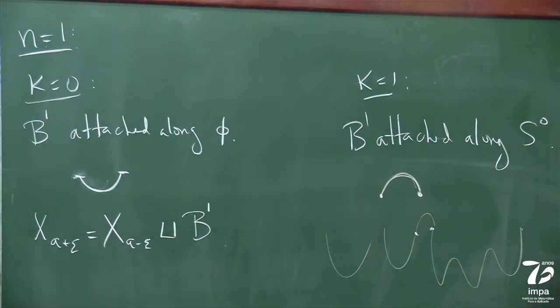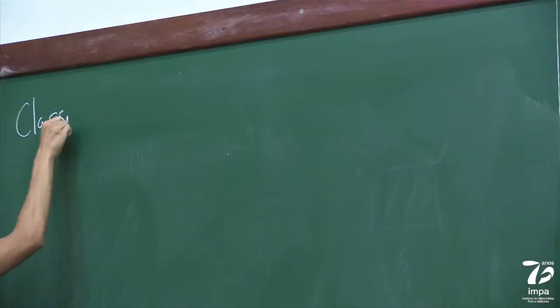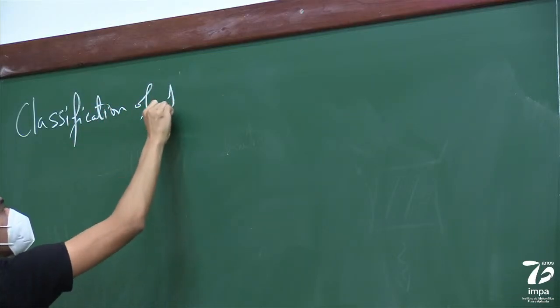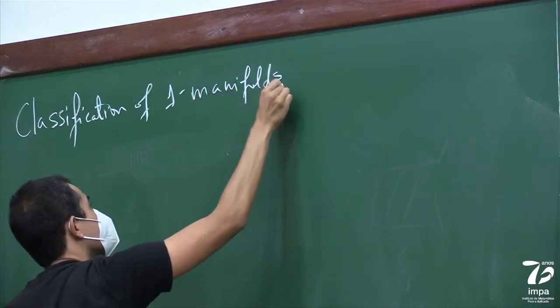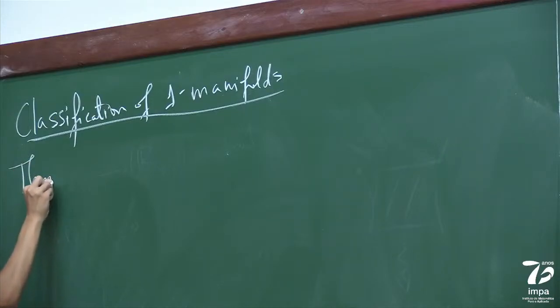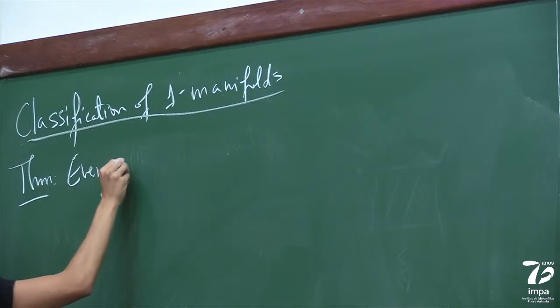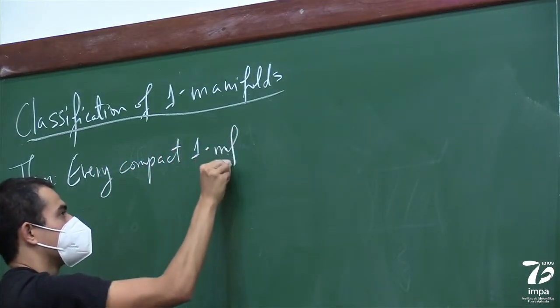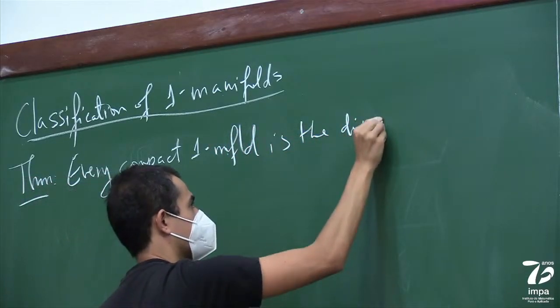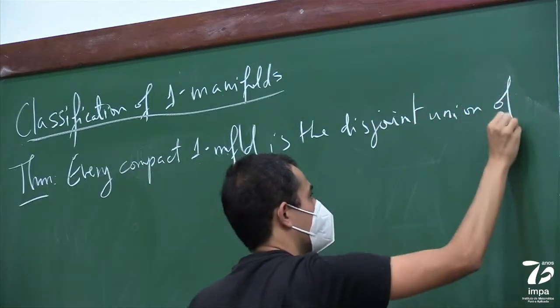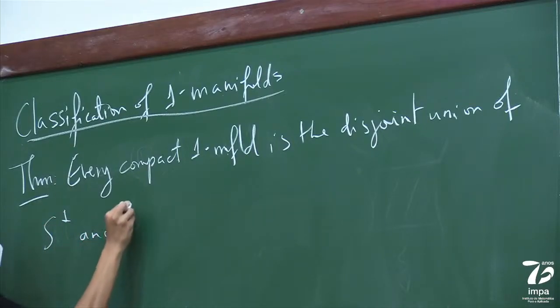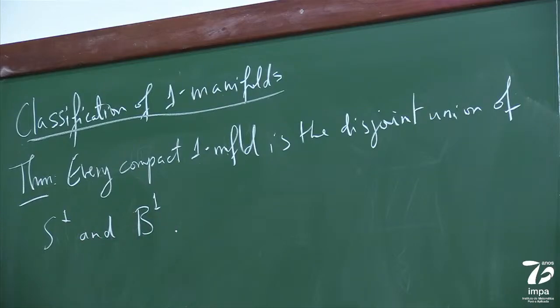Because of the following: if you want to classify at least compact one manifolds, the theorem is every compact one manifold is the disjoint union of circles and intervals, which I'm calling B1 now.